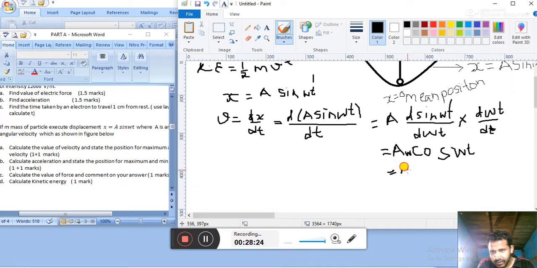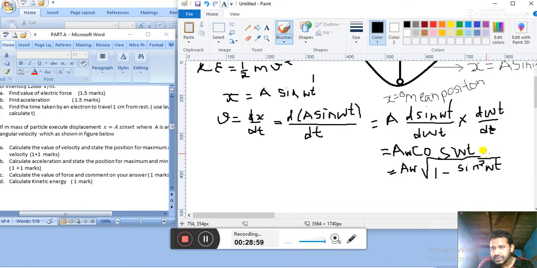From here you can write a omega times root over cos squared omega t. Now what is the value of cos omega t? Using the identity, it is root over 1 minus sine squared omega t.